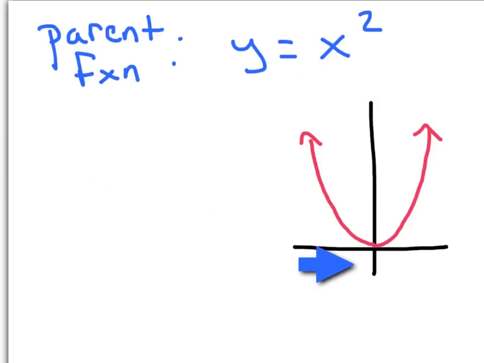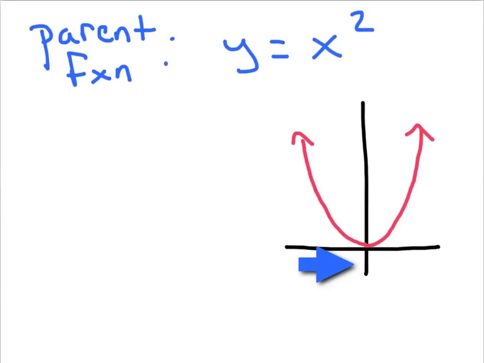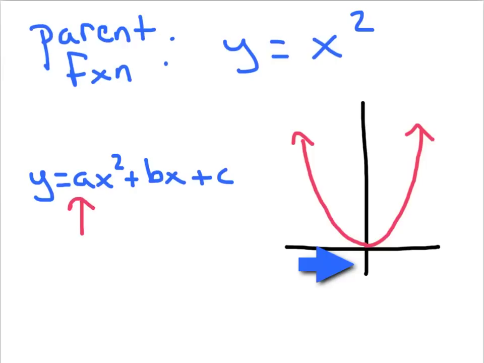Also, when you have a quadratic, you have a standard form. Let me actually write that down. We have a standard form that's always y equals ax squared plus bx plus c. So what that means is that a is the number in front of x squared, b is the number in front of x, and then c is your constant. It's the very last number.